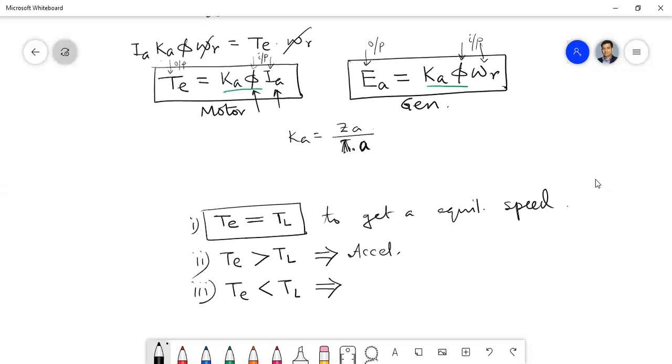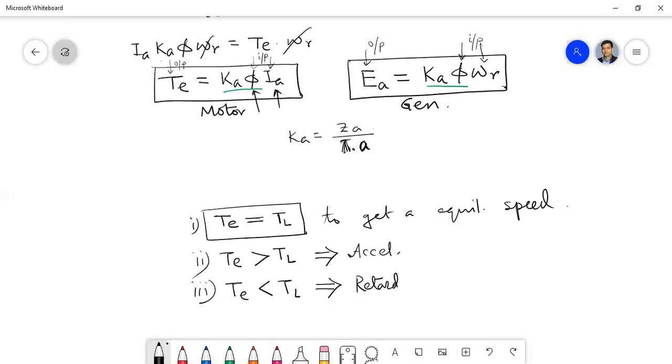When this electromagnetic torque is more than the load torque, the motor will accelerate, and in this case, it will retard. Clear? So to have an equilibrium speed, these two should be equal.